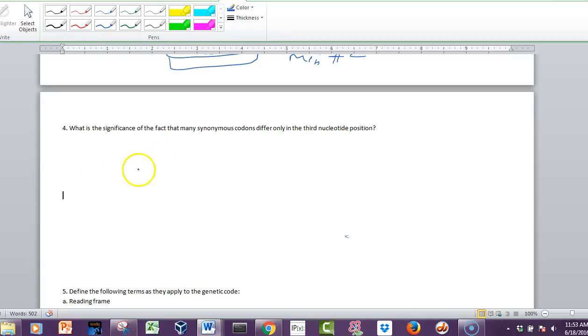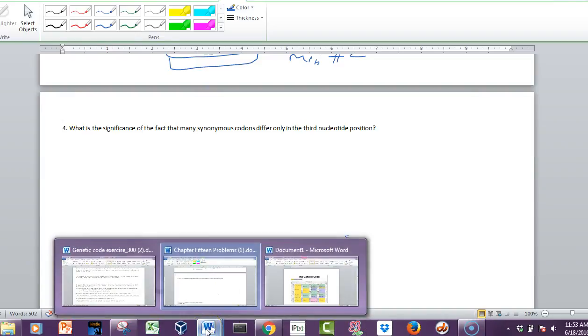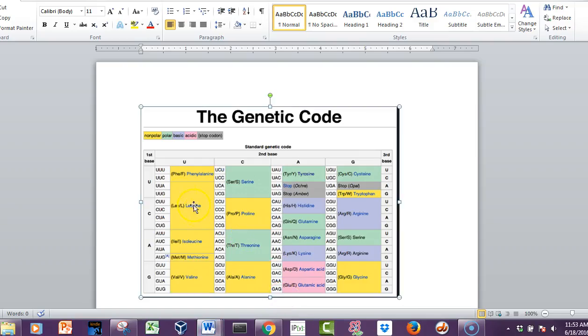This one's pretty simple. What is the significance of the fact that many synonymous codons differ only in the third position? So what that means is, if we look at our genetic code, you'll notice that, let's say, phenylalanine, UUU, UUC, UUA, UUG. Well, for phenylalanine, UUU and UUC code for phenylalanine.